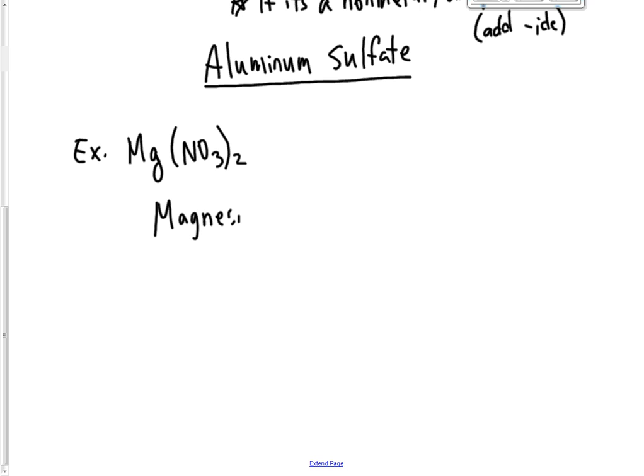So that's magnesium. That's your cation. And then you're going to name the anion, which in this case, again, is a polyatomic ion. So we're going to name it as is. NO3 is nitrate. We're just going to call it nitrate. So magnesium nitrate is your answer.